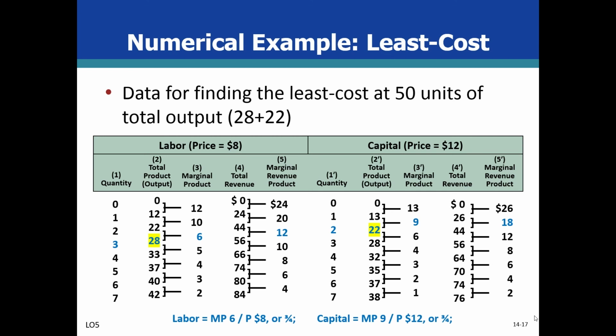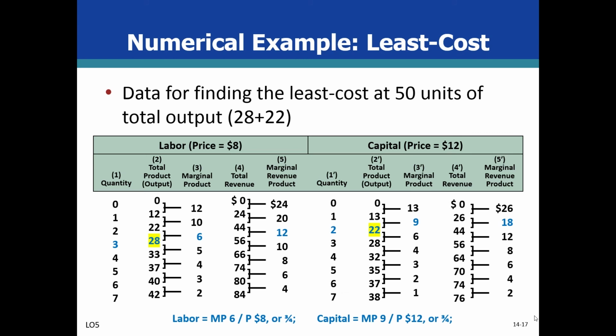Well, we need to go back to our least cost rule, where we need to divide, and I've done this for you at the bottom of the chart, where the marginal product of labor is 6 and the price of labor is 8, and therefore that equation equals 3/4.